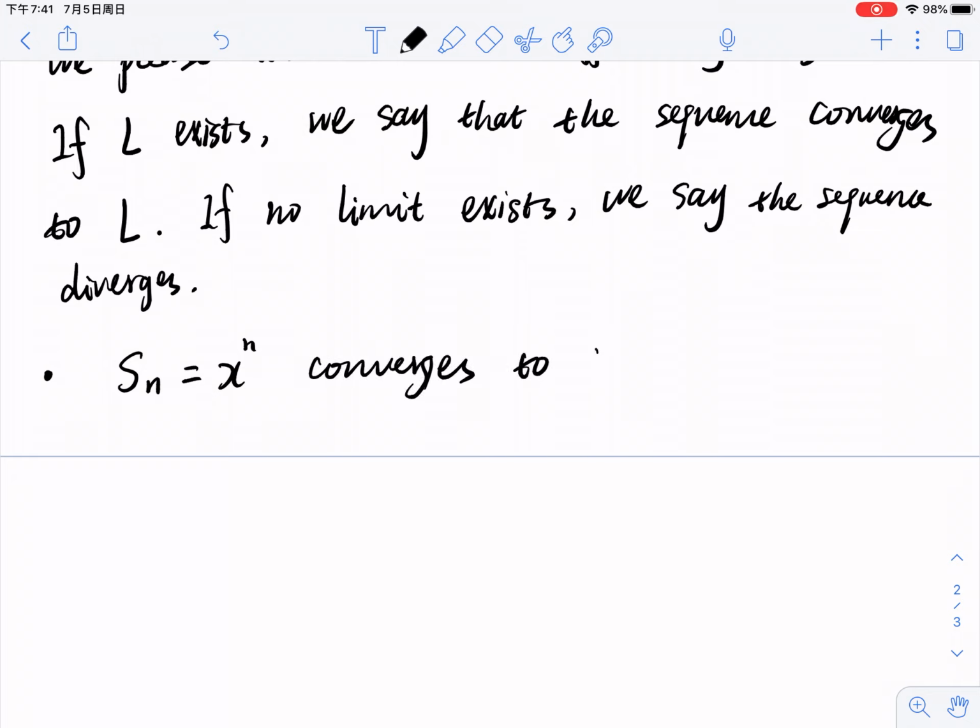The second sequence is the sequence Sn is 1 over n to power p. It converges to 0 if p is greater than 0.